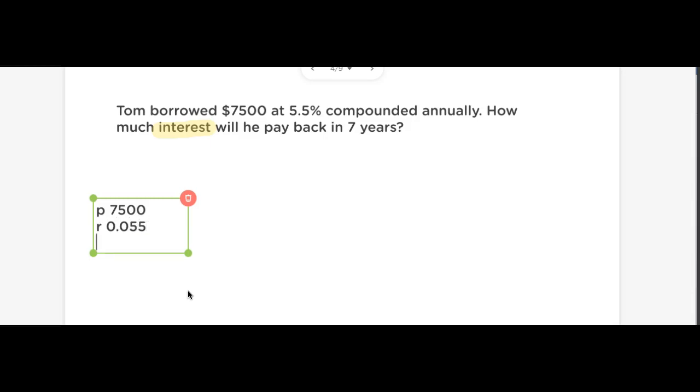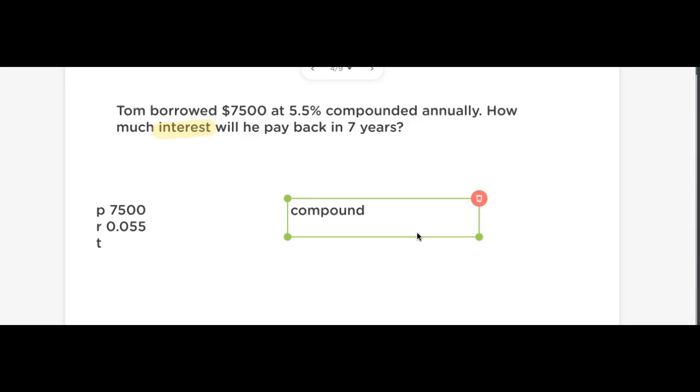My time is 7. Okay. Now here, I know that this is compound. I'm looking for interest. So what does this look like? This is what this looks like, ladies and gentlemen. So we will have 75(1 plus 0.055), and we're going to raise that to the 7th.